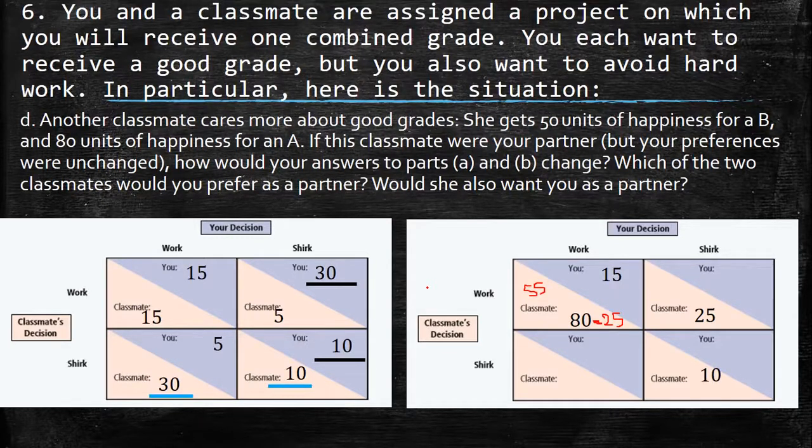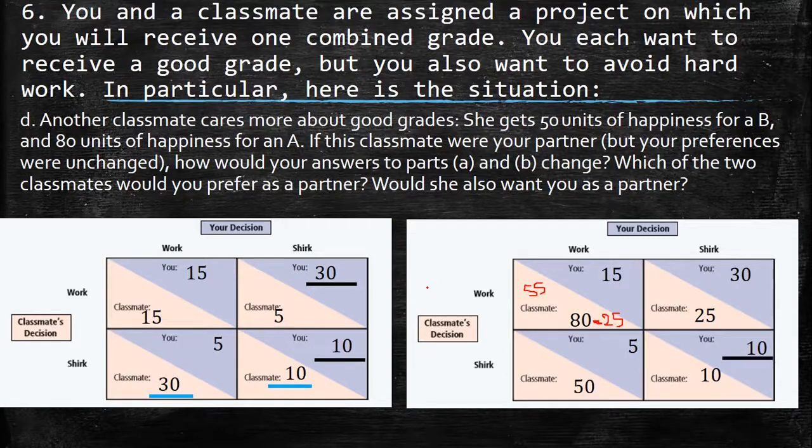Then it should be 10 because she doesn't make any effort, and she will receive 10. It doesn't say anything regarding D, but we would say that both are the same with this grade. Then the other one should be 5 and 30 as the previous one, and the other one should be 50 because she shirks, so she doesn't make any effort, and anyway she will receive a B grade.